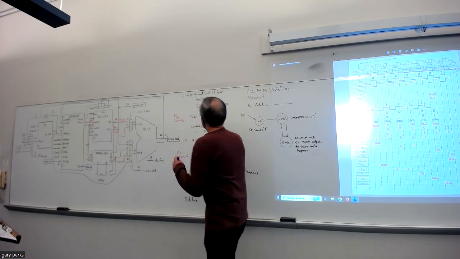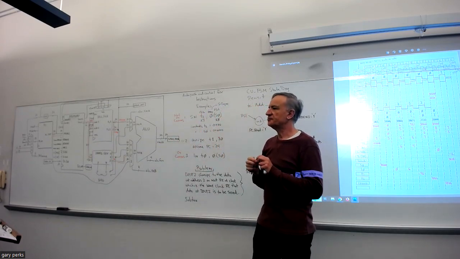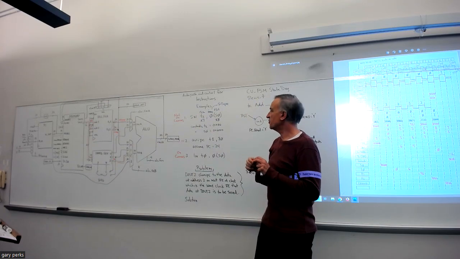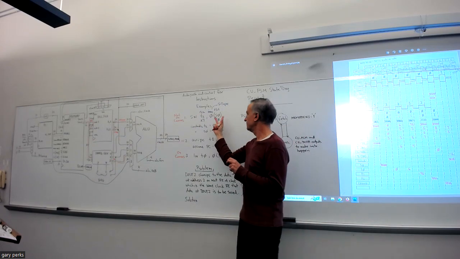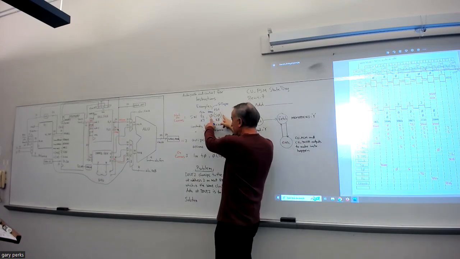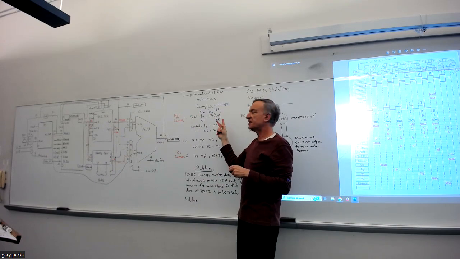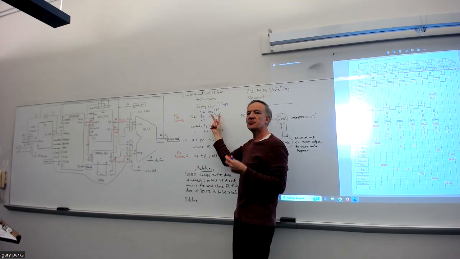Because what is this instruction going to do? It's going to add the immediate to whatever's in RS1. It's going to add these 2 together. So it's going to take this 0 and add it to 6000 hex, right? So it's going to add these 2 together and then what?